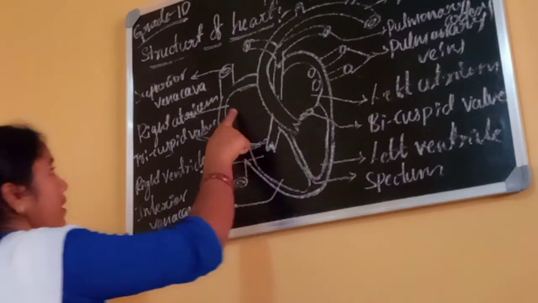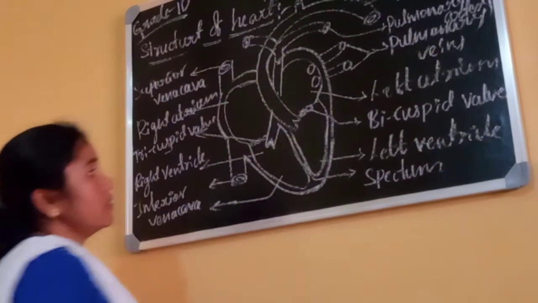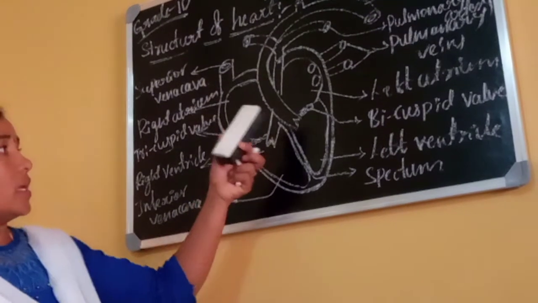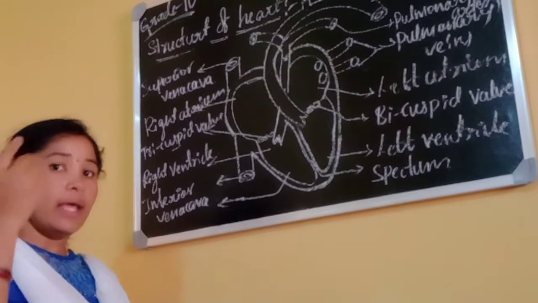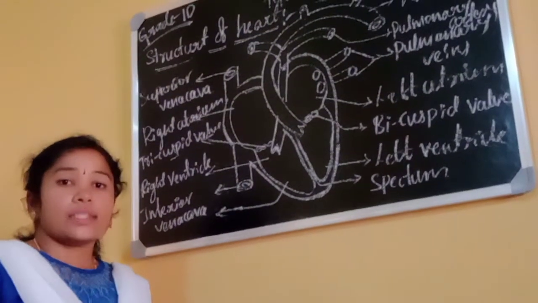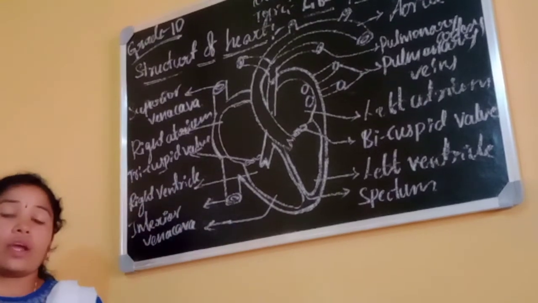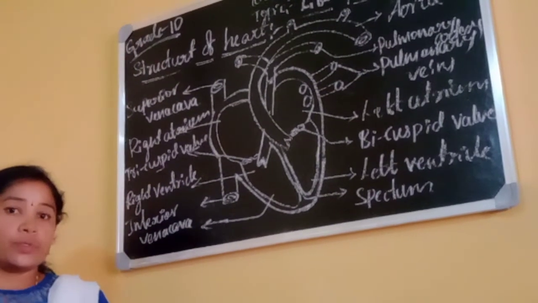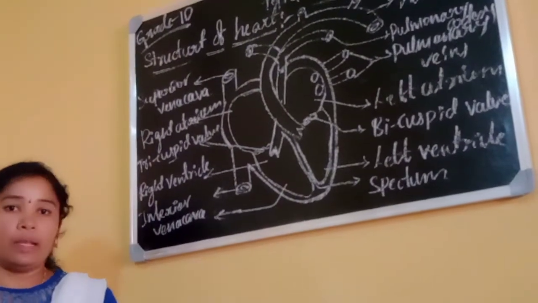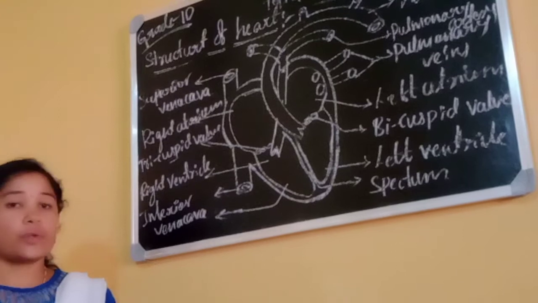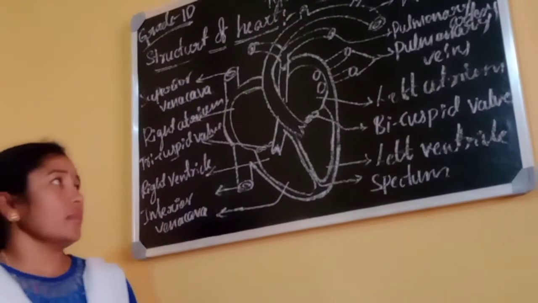Now deoxygenated blood goes to the lungs to remove carbon dioxide. After that oxygenated blood comes to the heart, and again it is pumped to all parts of the body. Let's see this process step by step.